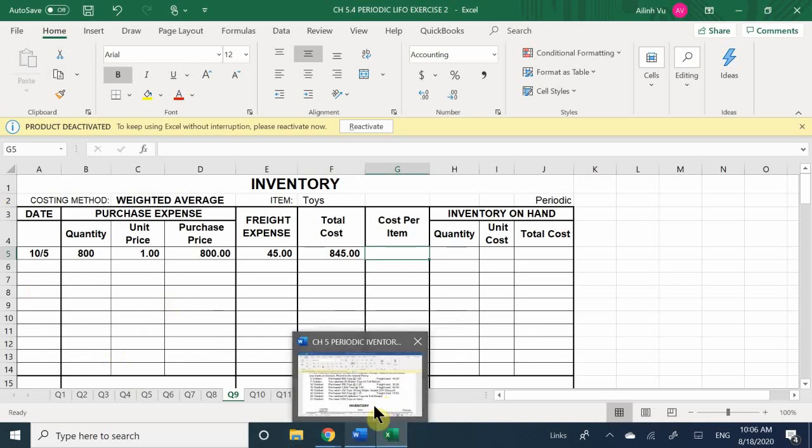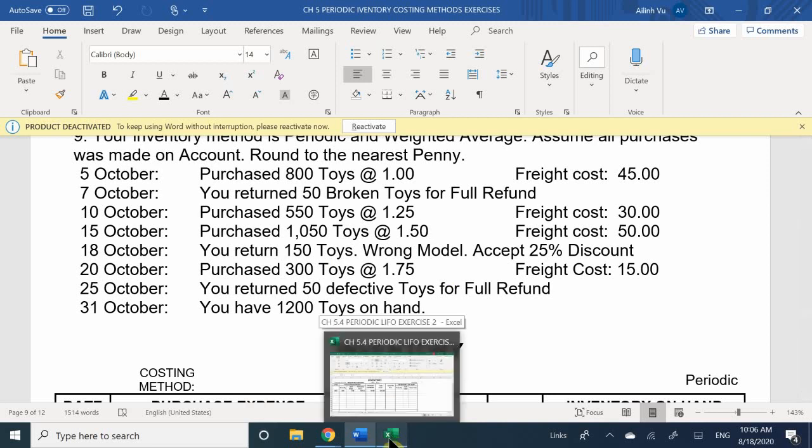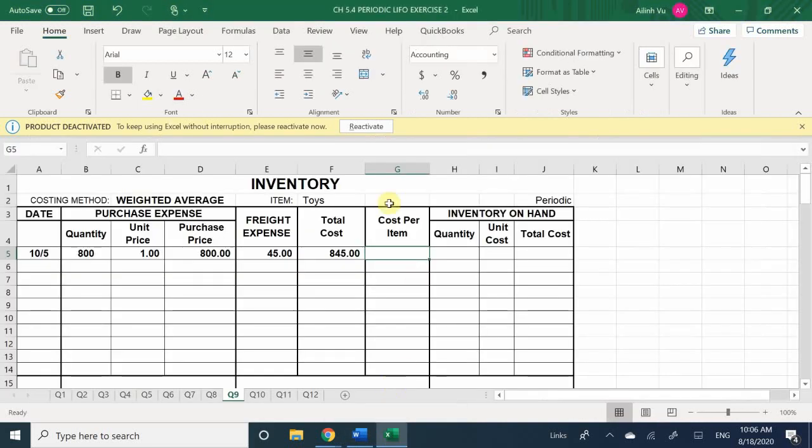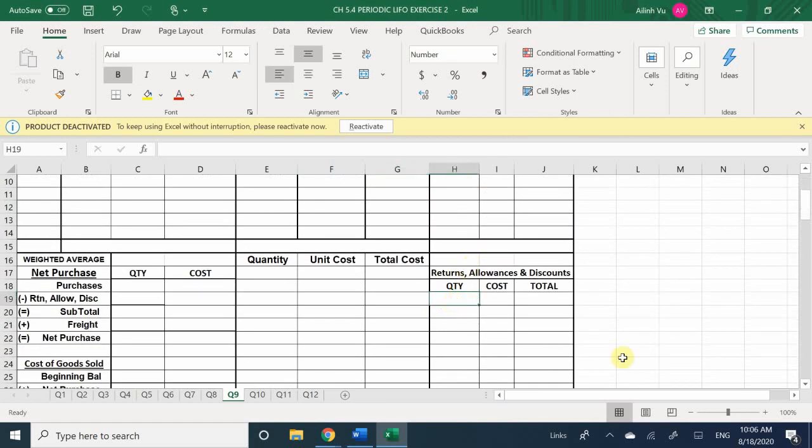All right, so let's see what happened next. What happened on October 7th? We returned 50 toys for a full refund. So we're going to come to the bottom of here. We want to actually return 50 items.